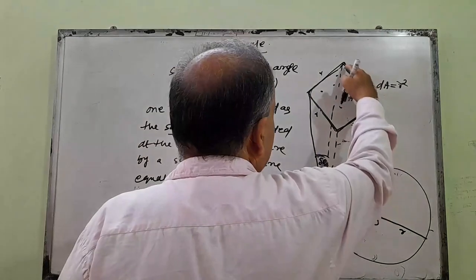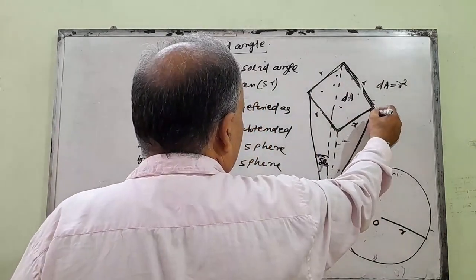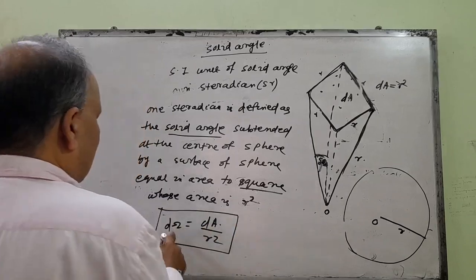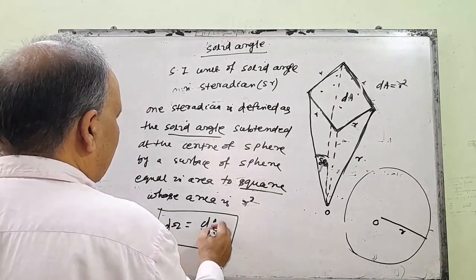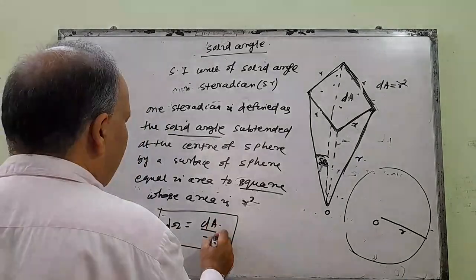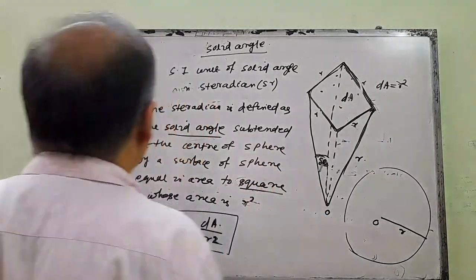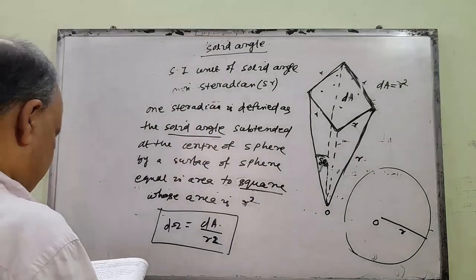That means if this area is equal to r square and this is your radius, then for one steradian, d omega is equal to dA by r square, that is r square by r square, which is equal to 1. So this is one steradian.